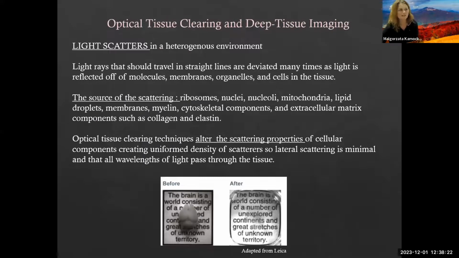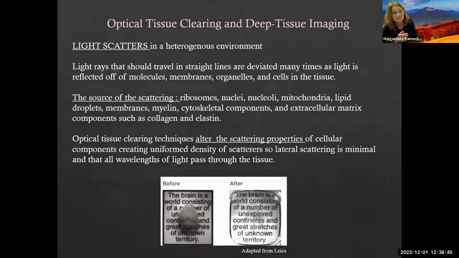And there are many clearing techniques available, but if you are wondering what it is, it's actually a technique which alters the scattering properties of cellular components. So they create uniform density of scatter.